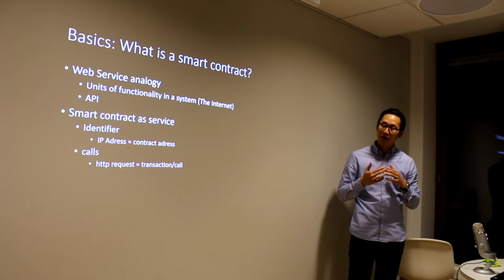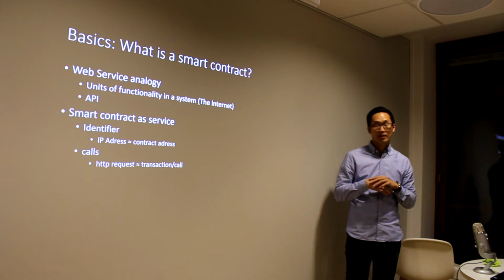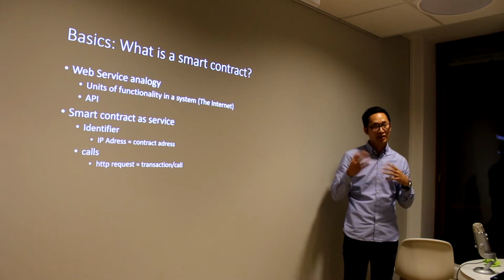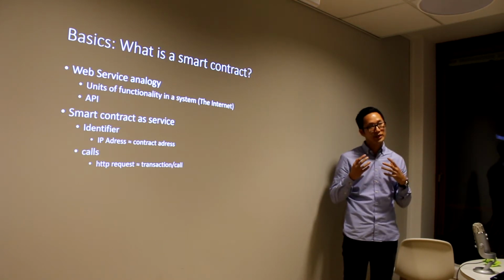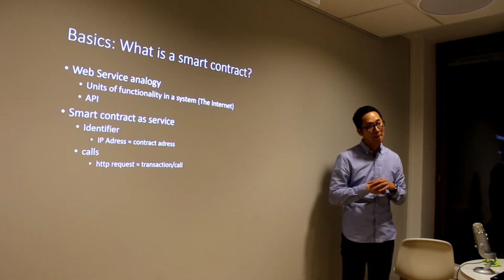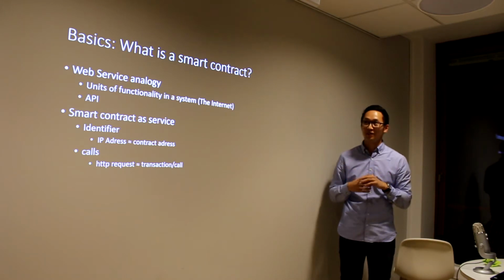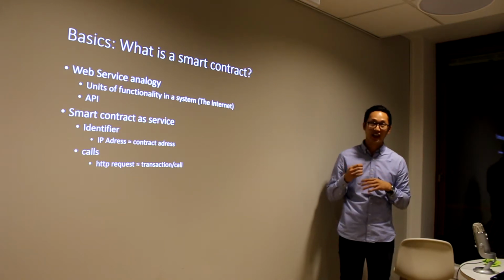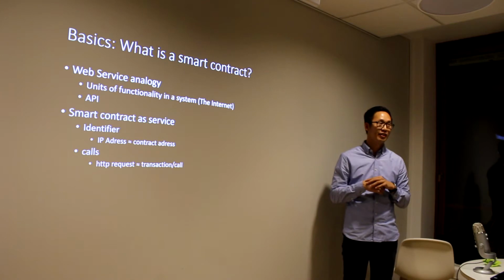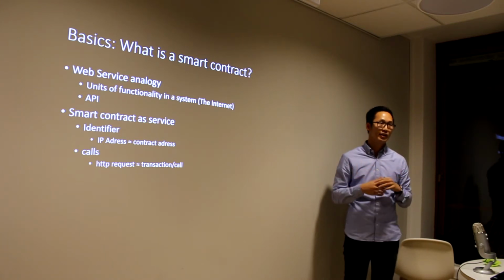And a web service also has an identifier. You have an IP address. You reach the web service using an IP address. But for a smart contract, you reach it using the contract address, a hex code that is 20 bytes, 40 characters.